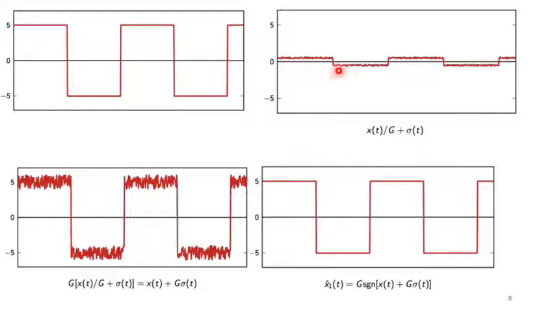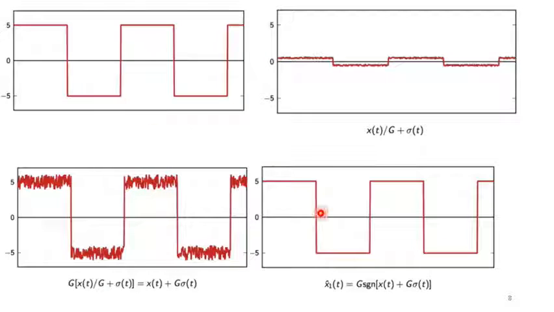So this is the effect of attenuation and noise. You can clearly observe the same effects that we had for the continuous time case. After amplification we get this signal again, because the signal is amplified and also the noise is amplified.